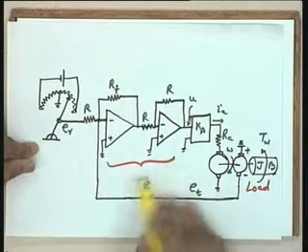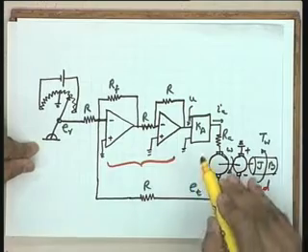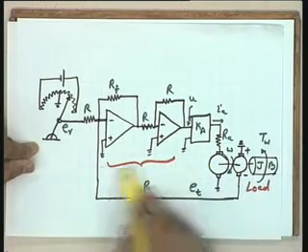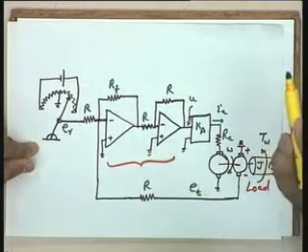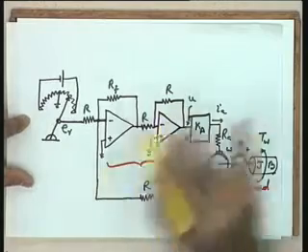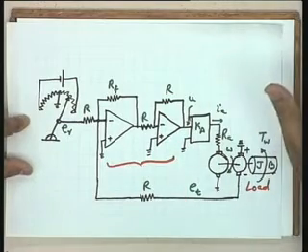But here, in the basic structure, I assume that the controller is a simple amplifier, because the objective at this point is not to go to the design of the controller, but to give you the basic hardware required for a control system.